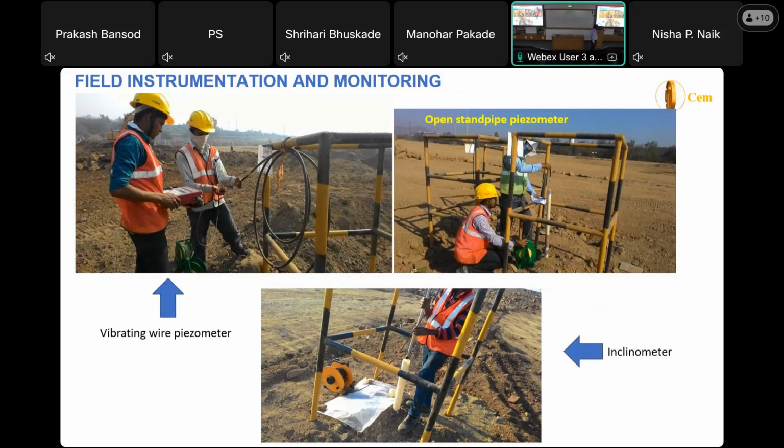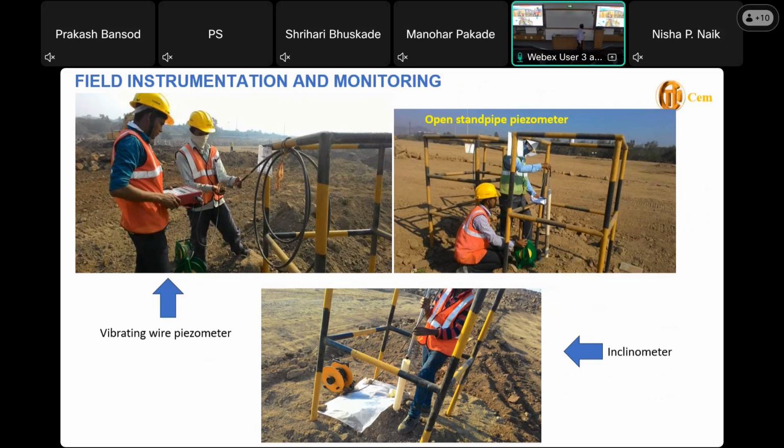Water heads are also fine, but vibrating wire piezometers are more accurate. But sometimes the standpipe physically shows it. So that's one advantage: you can physically see the water parameters.